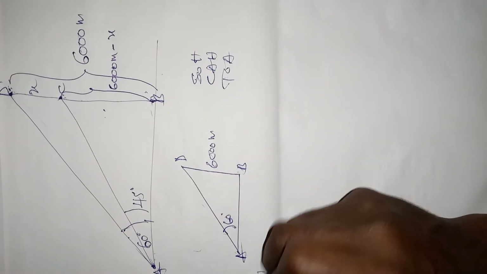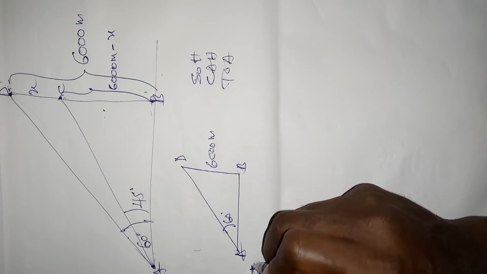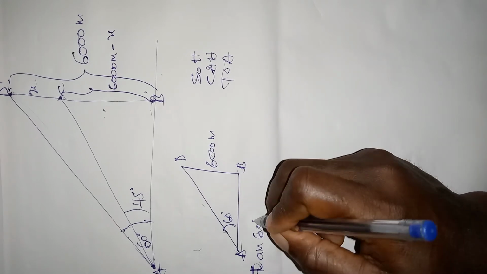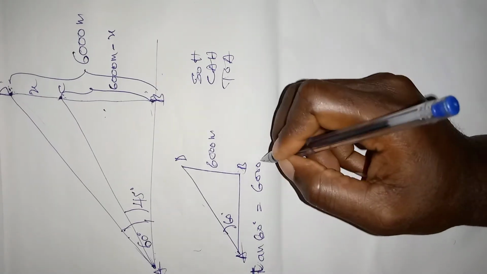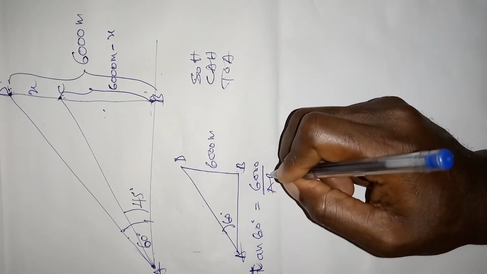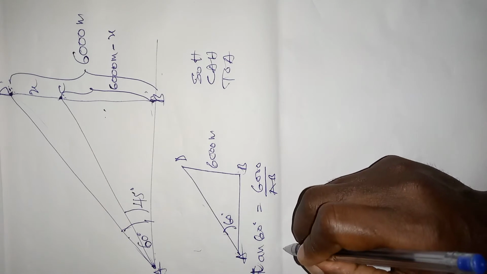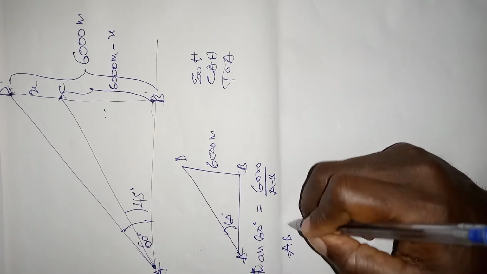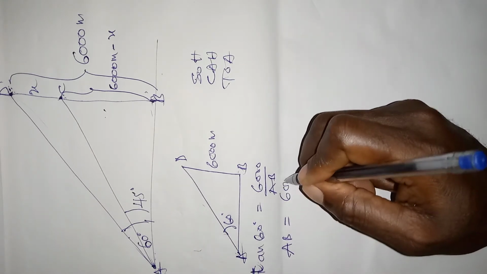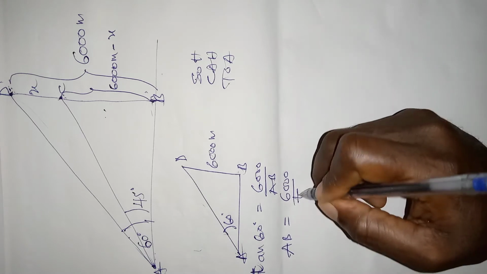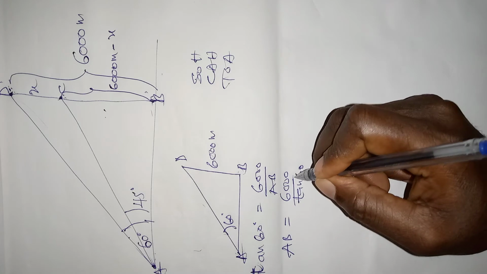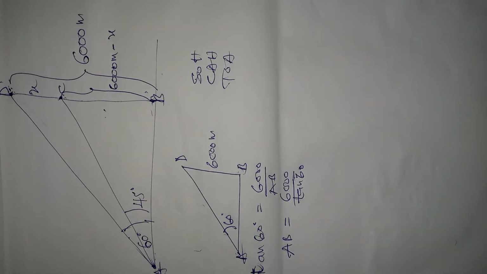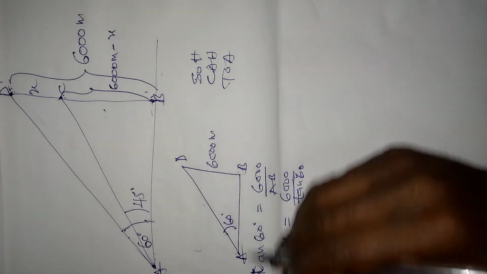In this case, we are using tan of the angle 60 degrees. That will give us the opposite, which is 6,000, divided by the length AB. So we can see the length AB is the same as 6,000 divided by tan 60 degrees. Right, that's cool.